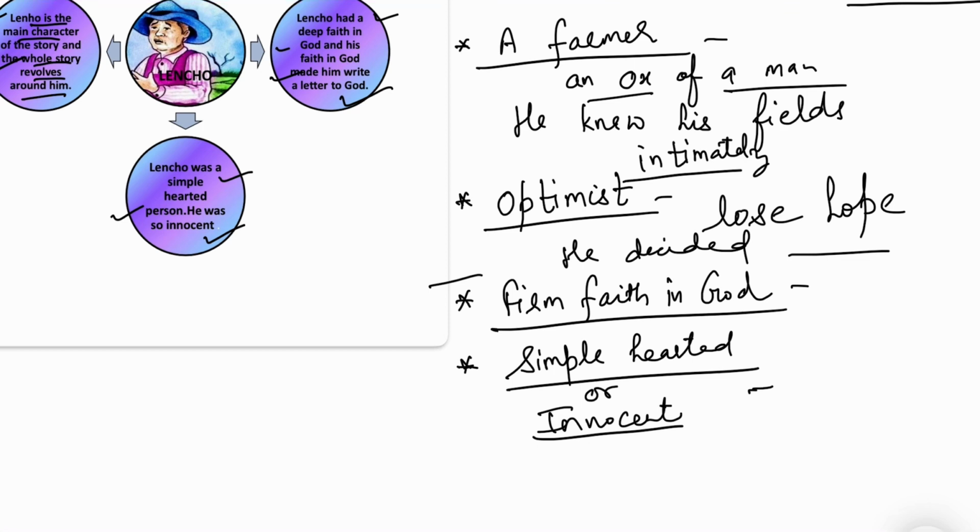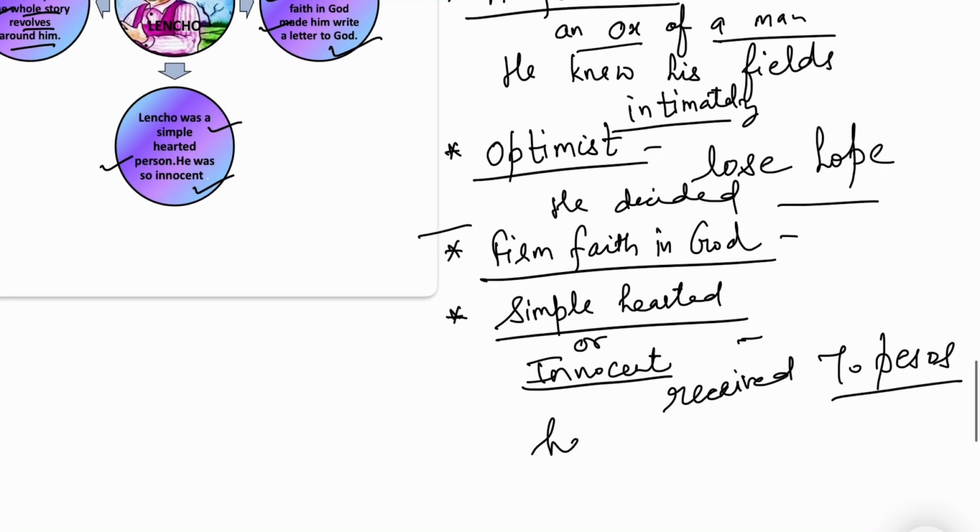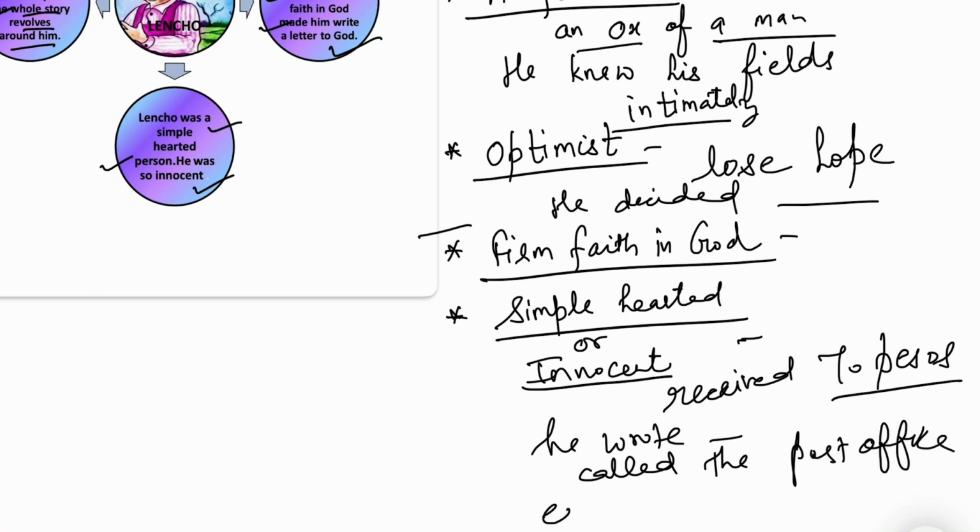He was so innocent that when he received 70 pesos, he wrote another letter to God and called the post office employees a bunch of crooks.